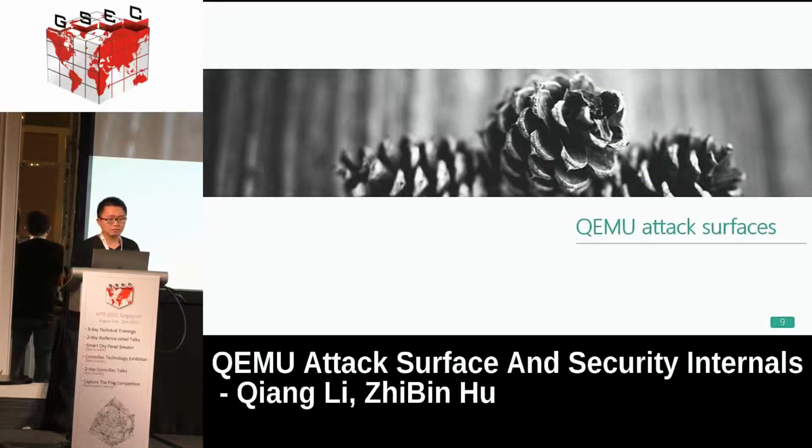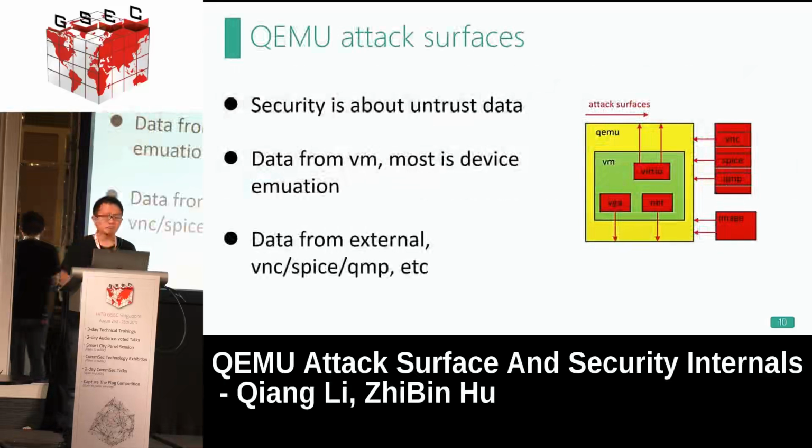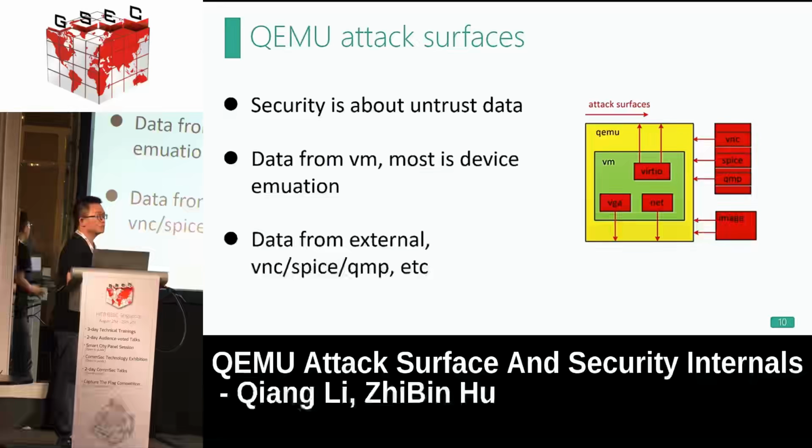Okay, so let's go to the QEMU attack surface. In this part, I will talk about the surface in general concept, so we can have a big picture of the QEMU attack surface. As we know, the security issue in QEMU is about untrusted data. So let's look at where the data comes from to QEMU.